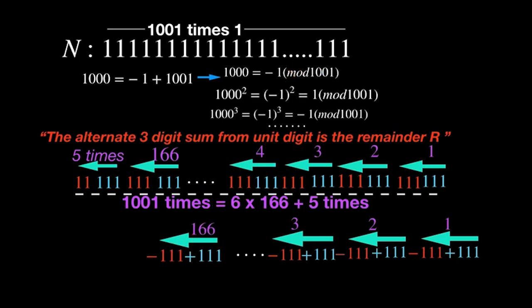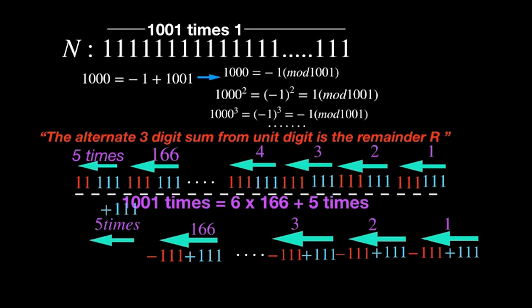Up to 166 sets, it is very easy to see that every set of 6 ones, that is 2 blocks, the positive blue 111 and the negative red 111, will form 0. So 166 sets will produce 0 when we compute the sum.